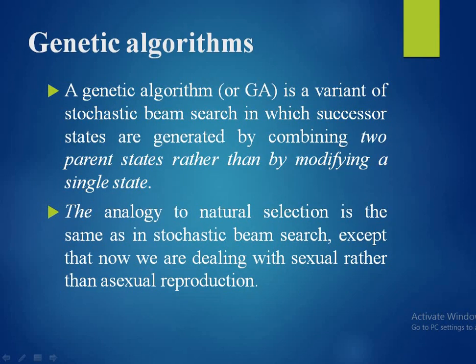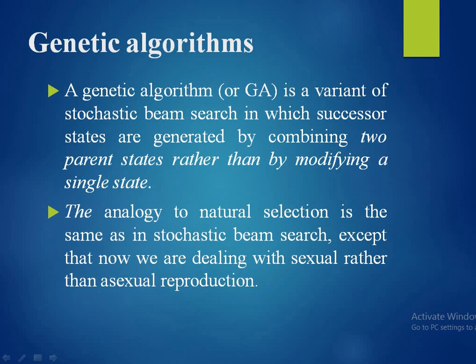Now comes the genetic algorithms. A genetic algorithm is a variant of stochastic beam search in which successor states are generated by combining two parent states rather than by modifying a single state.